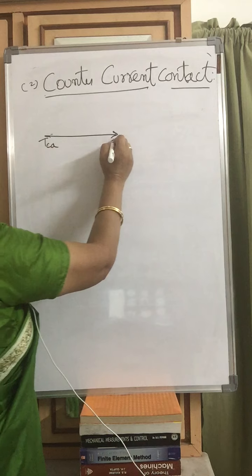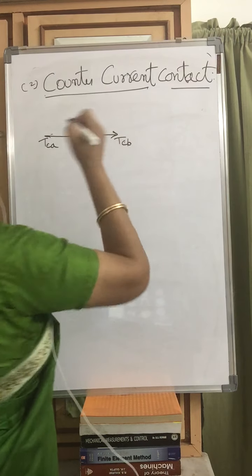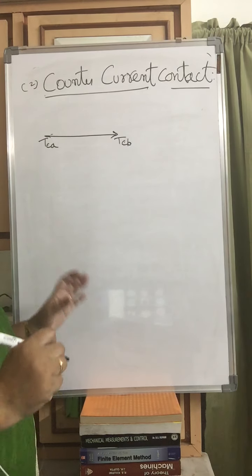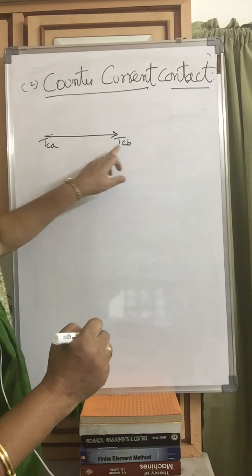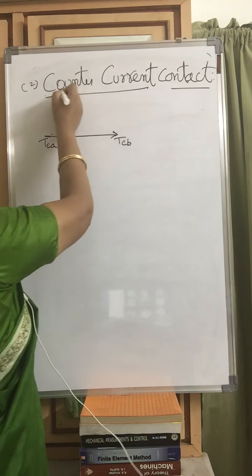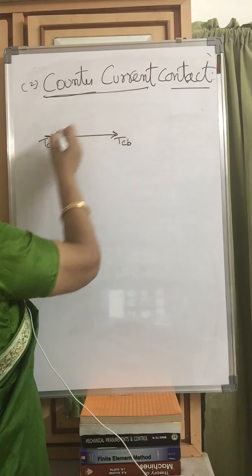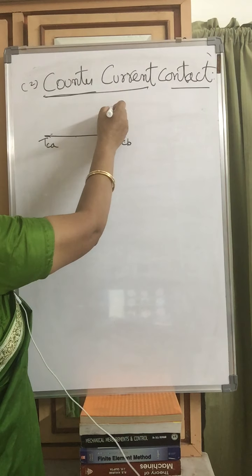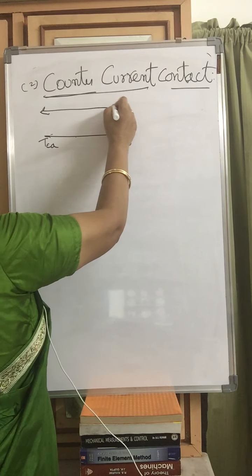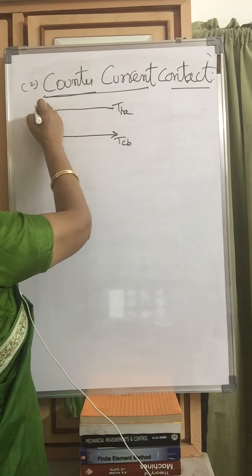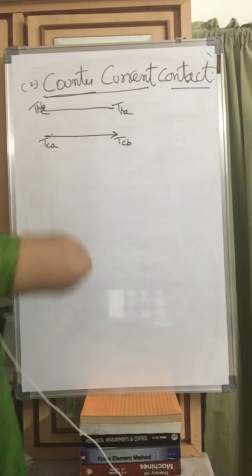Name it TCA and TCB. Always draw cold fluid first. It is easy for you. TCA to TCB. Then, because it is counter flow, when cold fluid is entering here, hot fluid will enter from the other direction. So this is THA and this is THB.